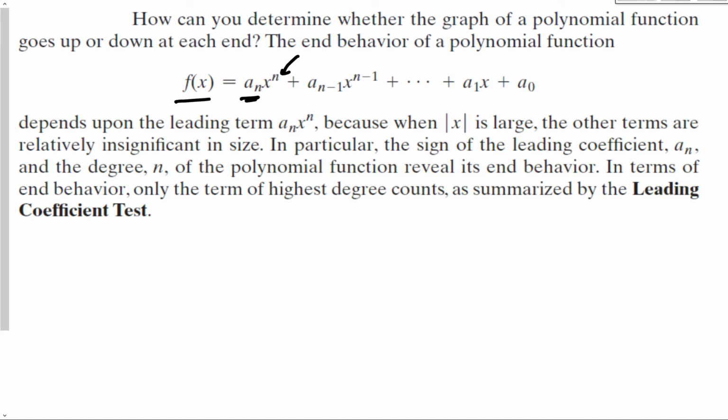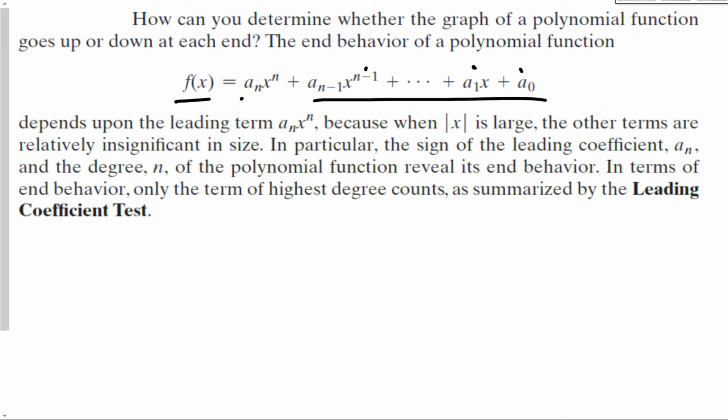So when the absolute value of x is large, as this number, whatever I'm plugging in for x, gets bigger and bigger, the rest of this stuff is not going to have nearly as much of an effect on the function graph because that's the biggest power, right? When you raise something to the third power, it does way more than raising it to the second and raising it to the first and then adding a number at the end.